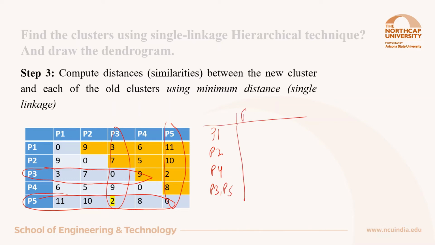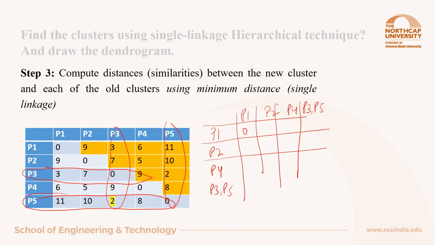Same way P1, P2, P4, then P3 comma P5, and the distance between P1 and P1 will remain 0, P2 and P1 will remain the same. For P4 it will remain the same as 6, 5, 0.